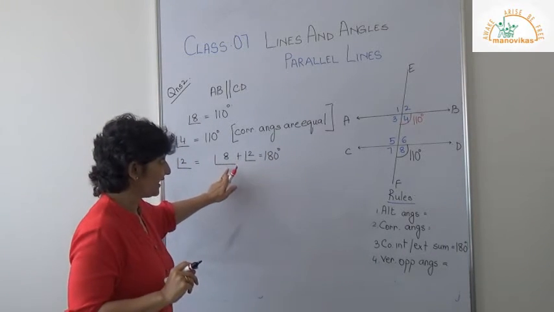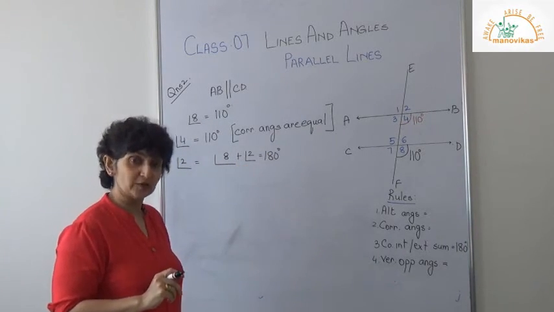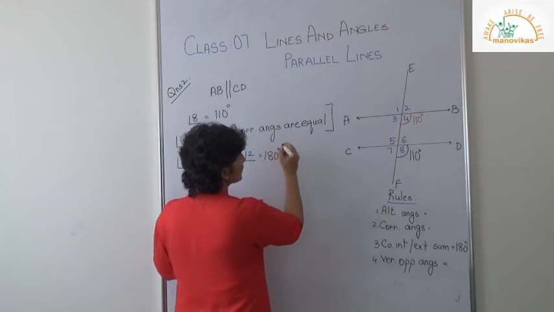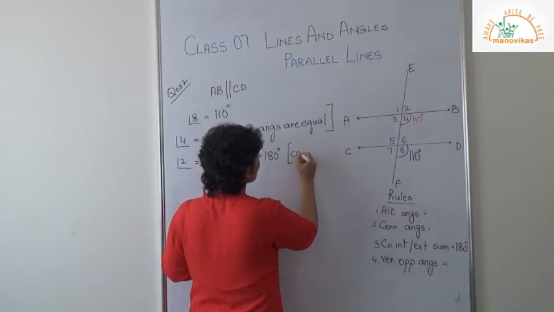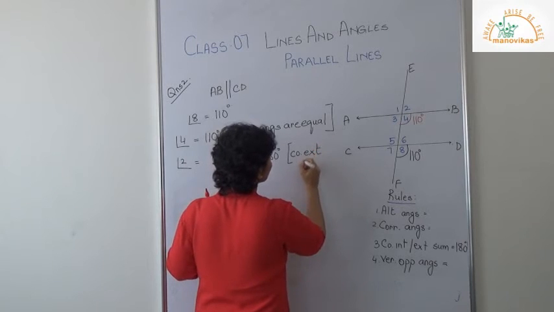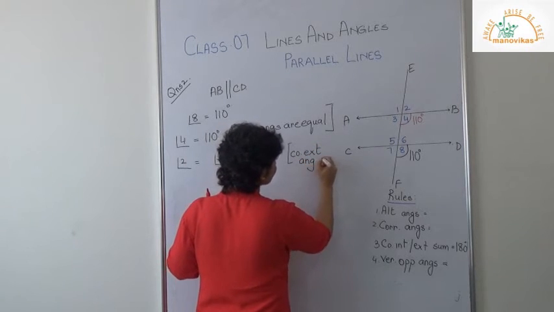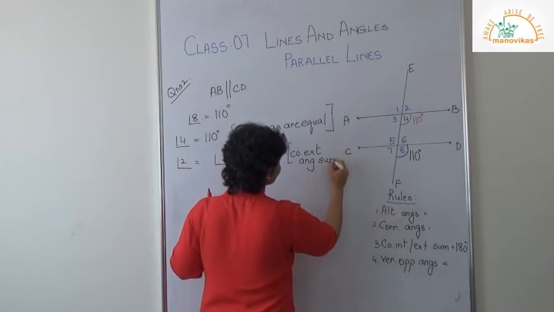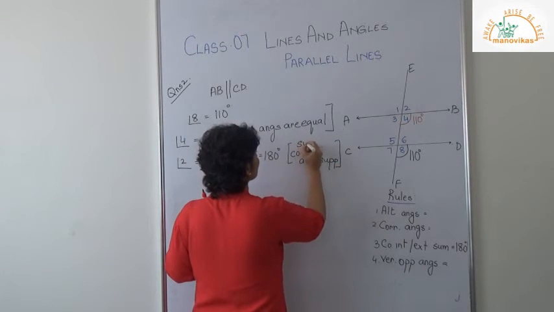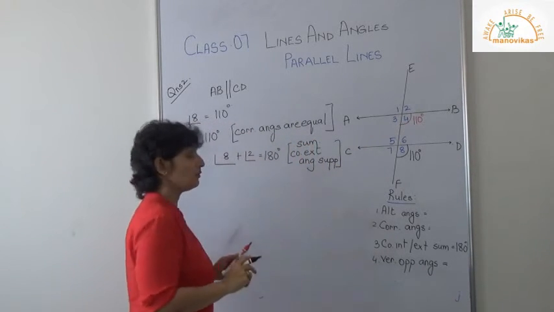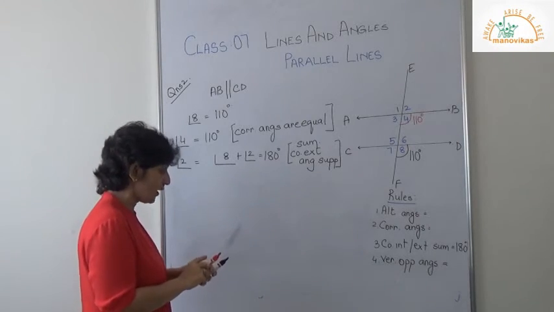Correct? What is my reason? Co-exterior angles are supplementary. Let's put sum of the co-exterior angles is equal to 180.